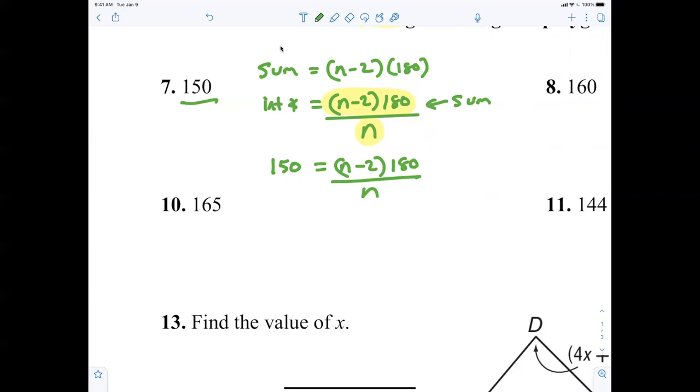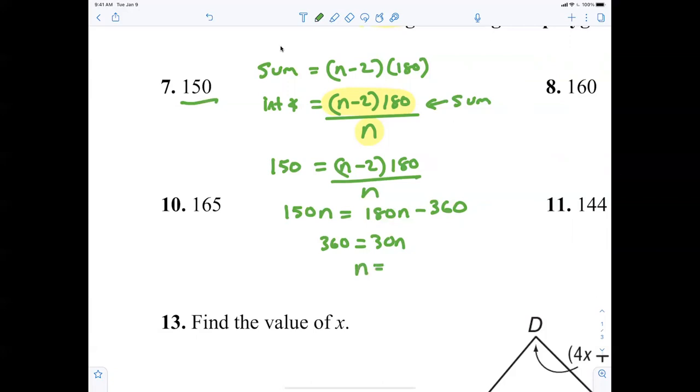Multiply by n. So I have 150n equals 180n minus 360. Everybody see that? So does everybody agree I have 30n is equal to 360?